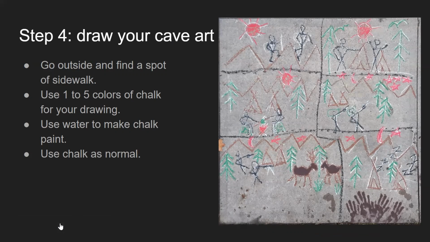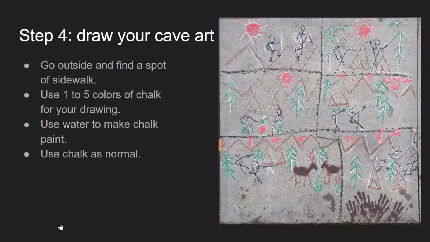And then step 4, you get to go out and draw your cave art. I did a rough sketch in white to figure out if it would work on the concrete, and then I went over everything. And then to make your chalk paint, you rub the chalk on the sidewalk on the side, and then add your water to it, and then you make a paint texture, which you can put on your hands and hit the concrete with that, and make handprints as seen on the lower right bottom of my cave painting.